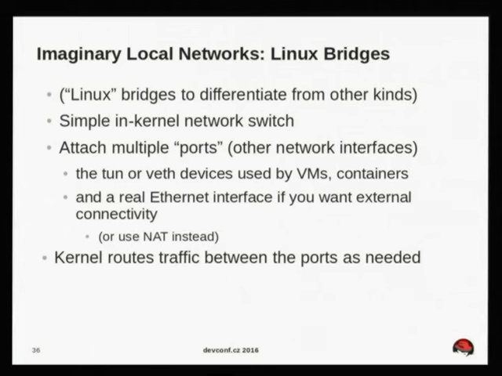You can add a real Ethernet interface to your bridge as well if you want external connectivity. Sometimes instead of doing that, people will just use NAT and use iptables rules to connect the bridge to the external Ethernet device. That's the default behavior for virtual machines with libvirt a lot of the time, just because it requires less configuration.